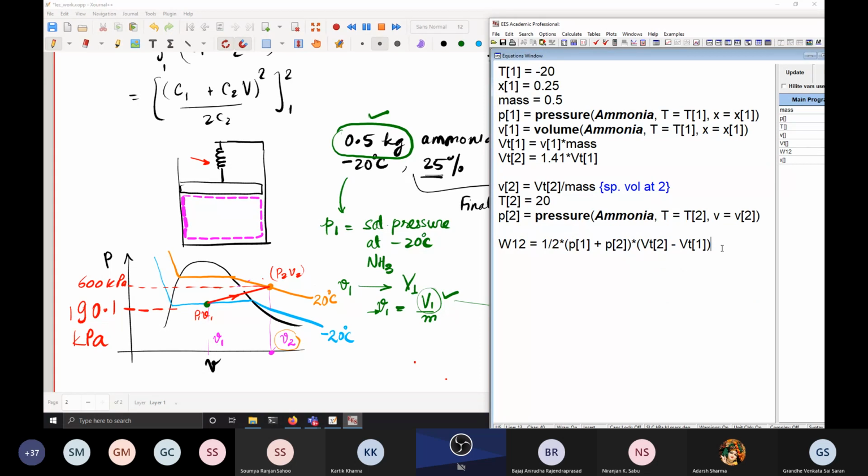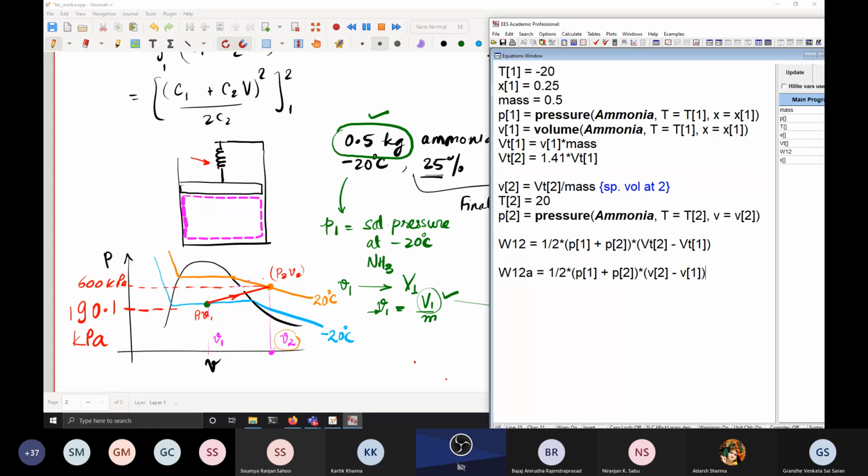Alternatively, I could have simply done this as well. You may need this. So W12 alternative is half times P1 plus P2, and we will first find out the specific work. So instead of VT2 and VT1, we will have V2 minus V1.